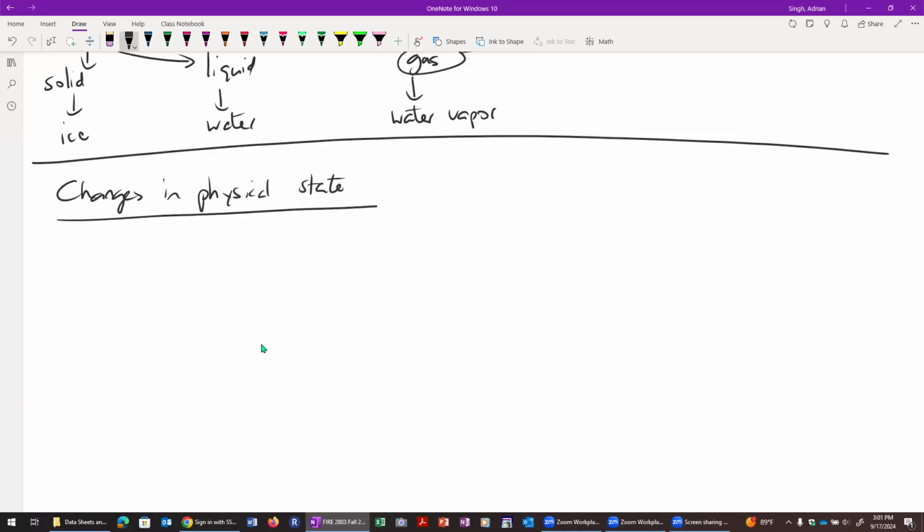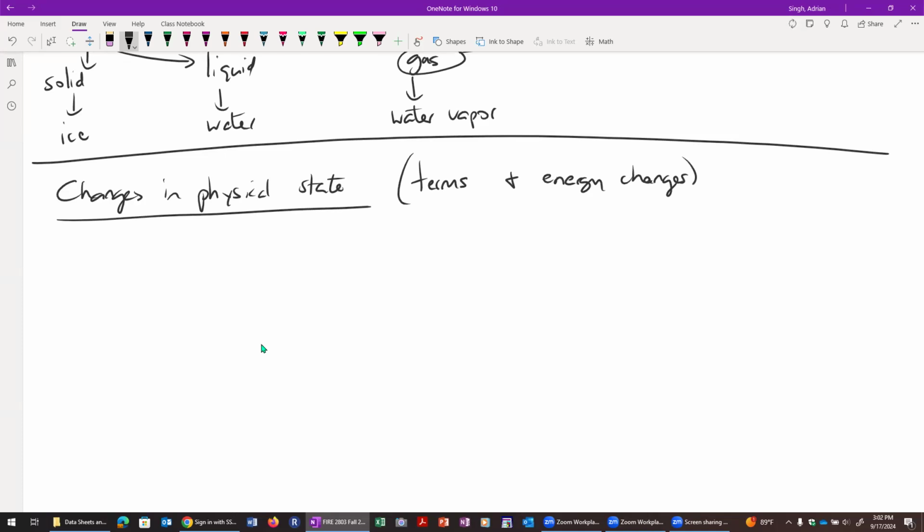So as we talk about these, we need to know the terminology, and also a big part of chemistry and physical science is exploring not just matter, but also when matter changes from one form to another, the energy associated with those changes. Okay, so we'll look at the energy changes as well.